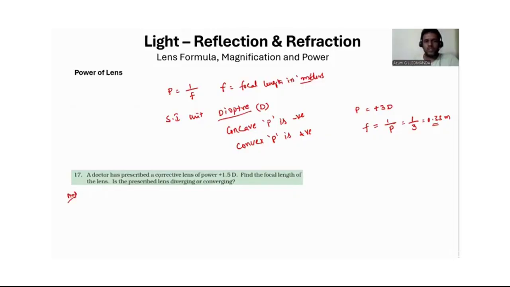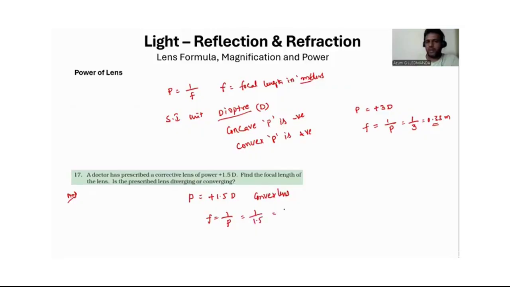Now let's look at this problem. A doctor has prescribed a corrective lens of power P equal to plus 1.5 diopters. So plus represents that he has suggested a convex lens. That's one thing. Find the focal length of the lens. So focal length F equal to 1 by P, that is 1 by 1.5.